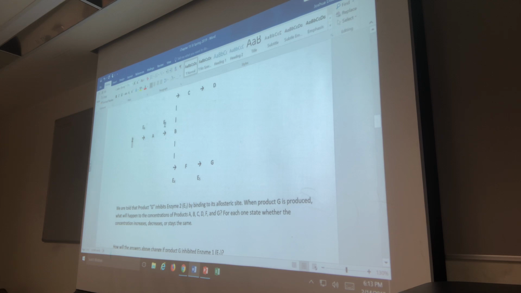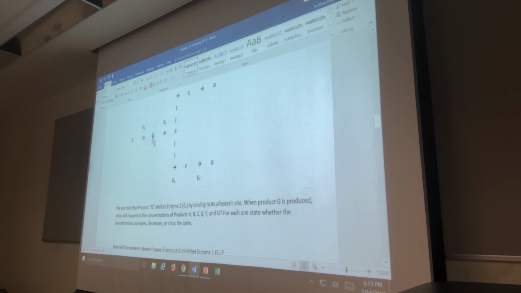Well, enzyme 1 is going to be decreased. Enzyme 6 will actually remain the same because it hasn't been affected. It doesn't know that anything has changed. All it's doing is producing A, and A is going to fill up. Z is going to fill up too, but enzyme 6 doesn't know. It's going to keep trying to make more of product A.